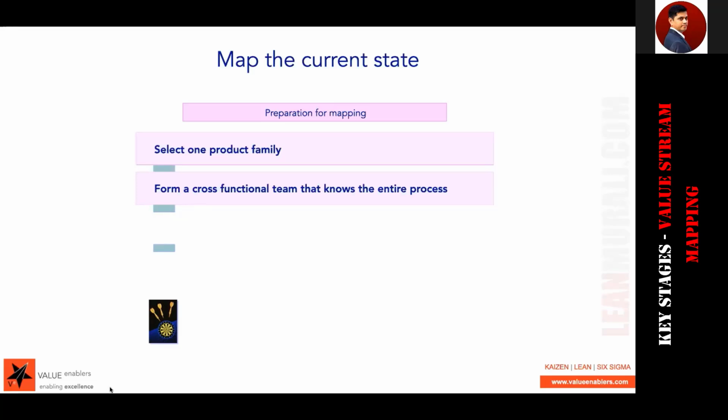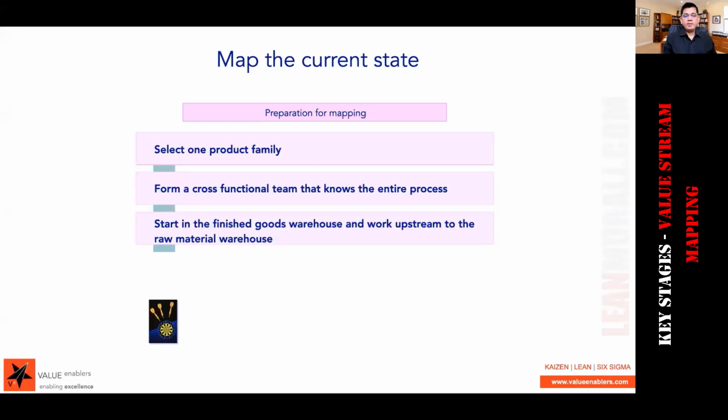Why did I ask you to type SME? Yeah, that's right, Mr. Mayank. Subject matter expert. So form a cross-functional team, CFT, that knows the entire process, because each of us has to contribute to the whole thing. Start in the finished goods warehouse and work upstream to the raw material house.